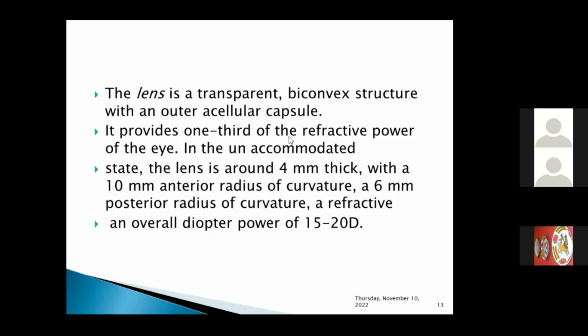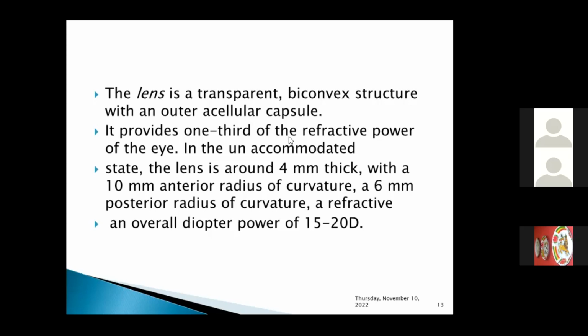Generally, the total dioptric power of the eye is 63 diopters. Out of that, 20 diopters is from the lens, and the rest is from the cornea.